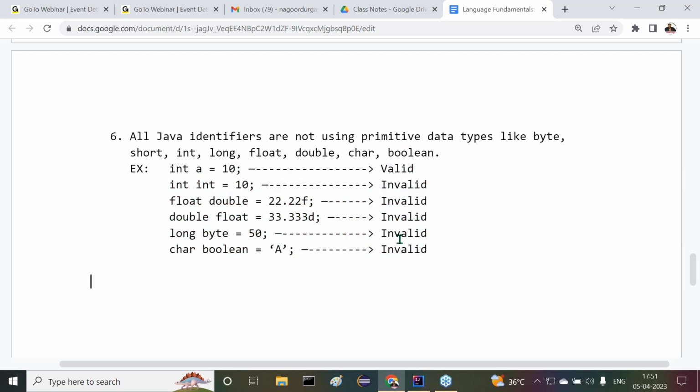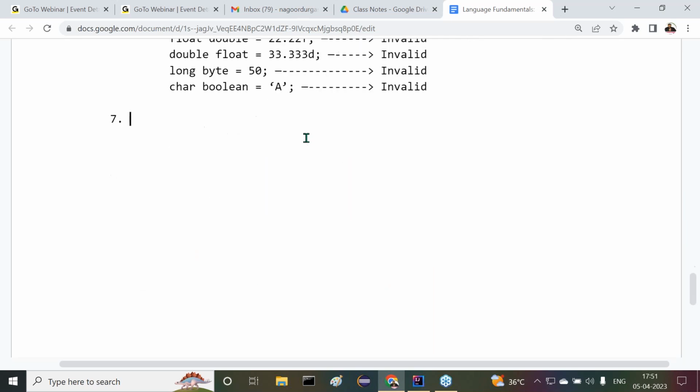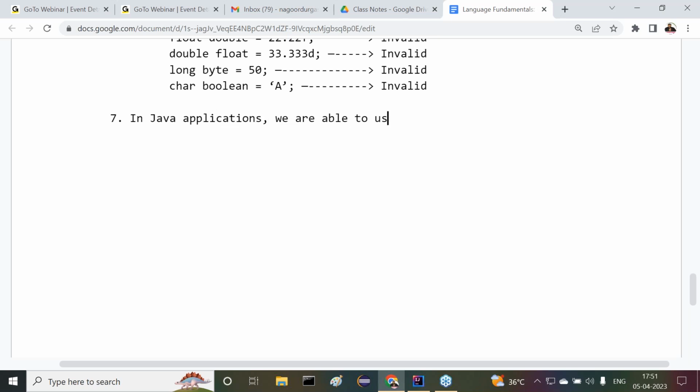Next, after completion of this, another point. Seventh point, listen carefully. Point number 7: in Java applications, we are able to use all predefined class names as identifiers.